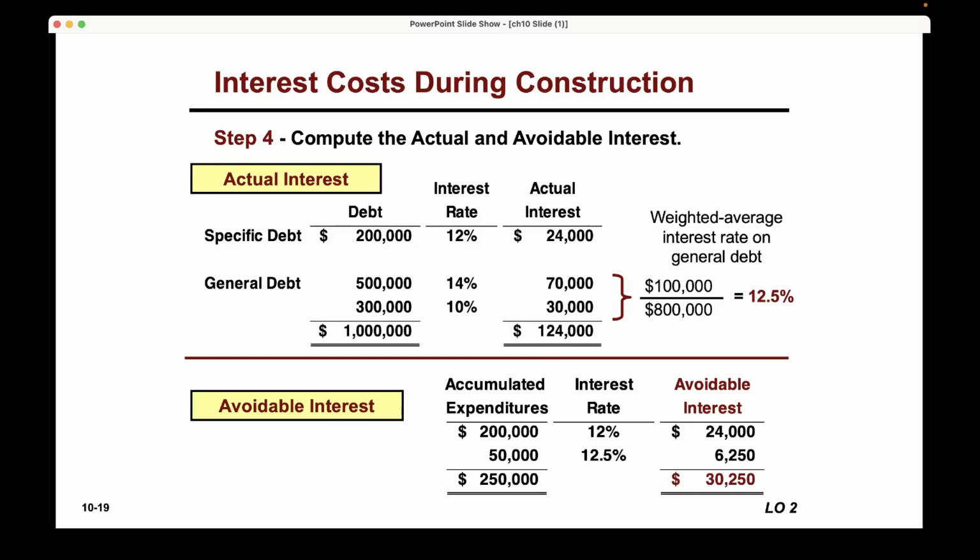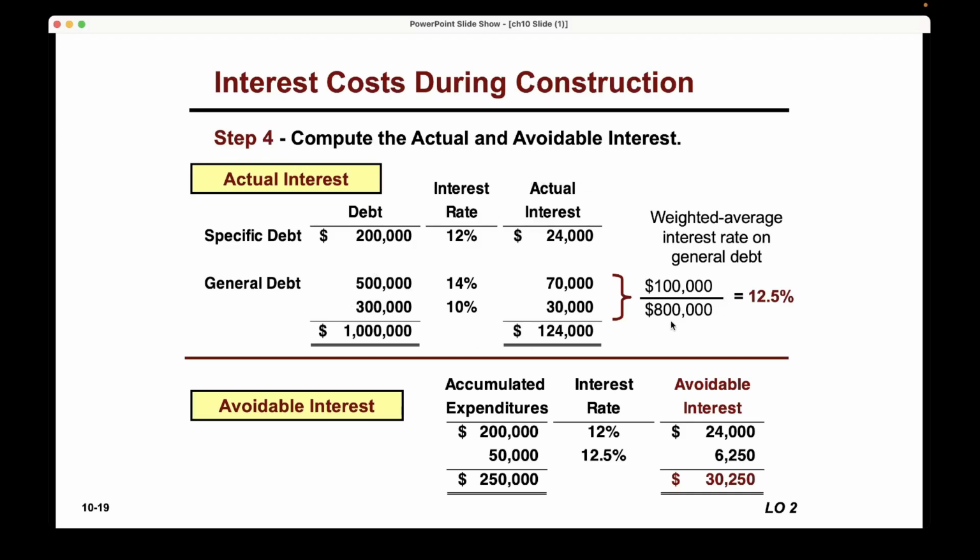And next, after that, we need to calculate the weighted average interest rate on general debt. What we are going to do here is the 100,000, coming from 70,000 plus 30,000 interest on the general debt, divided by the total general debt.